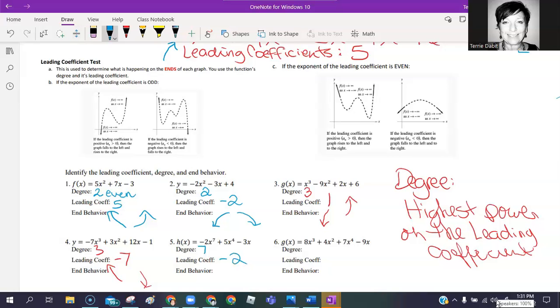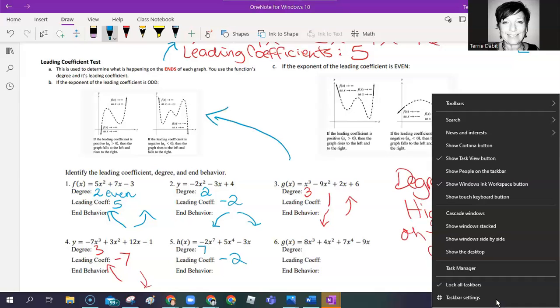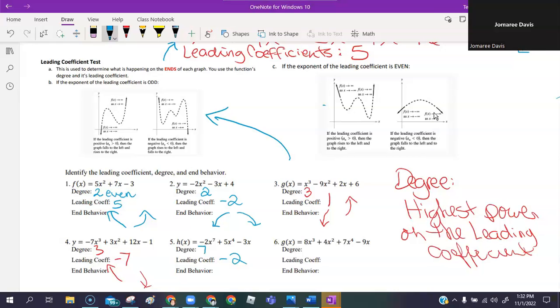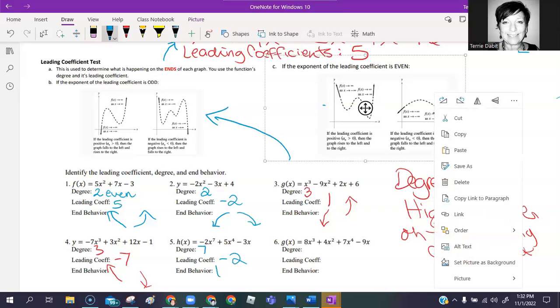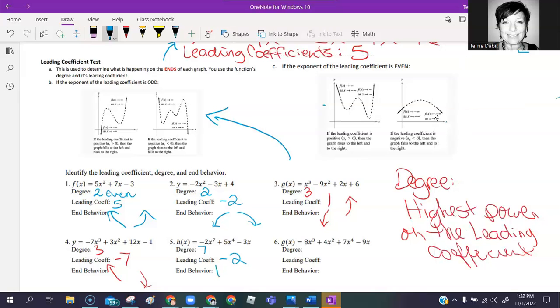Exponent odd or exponent even? Exponent even. Oh, odd. So this way. And my leading coefficient is negative. You going up and down? Up and down. That's it. Anybody else want to try number 6?